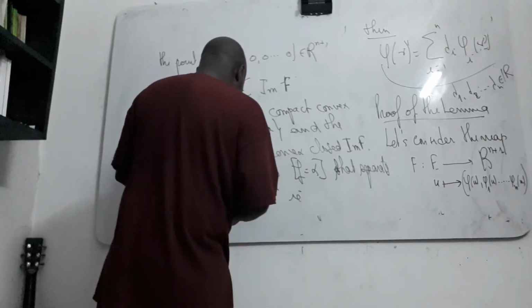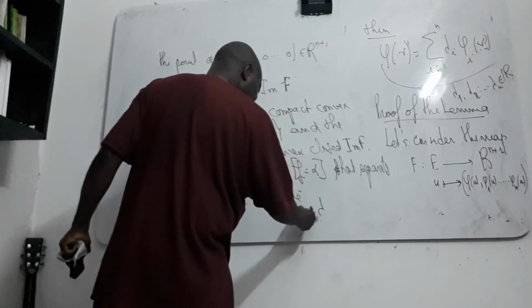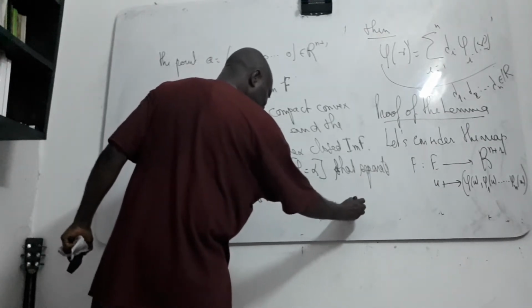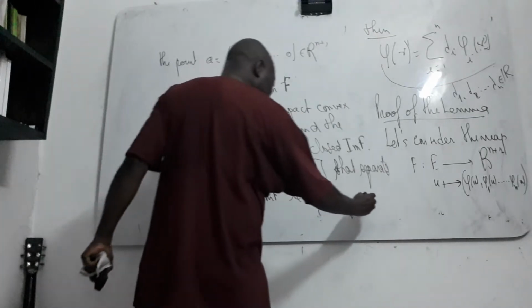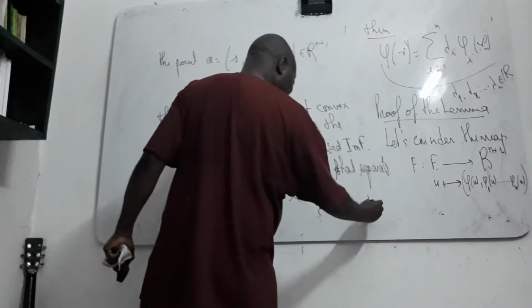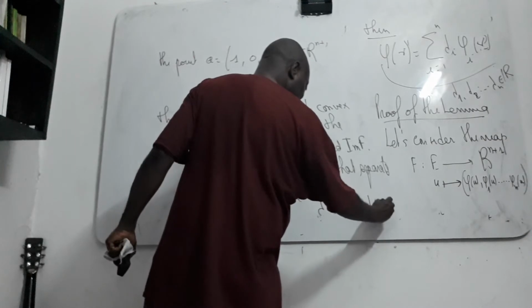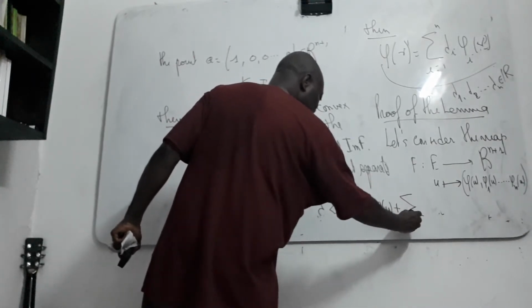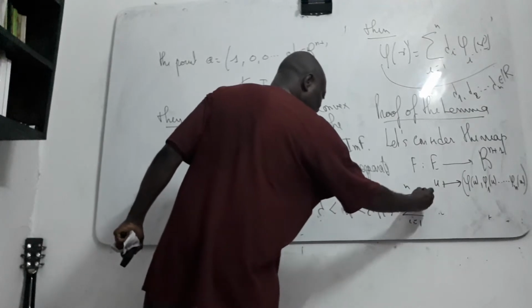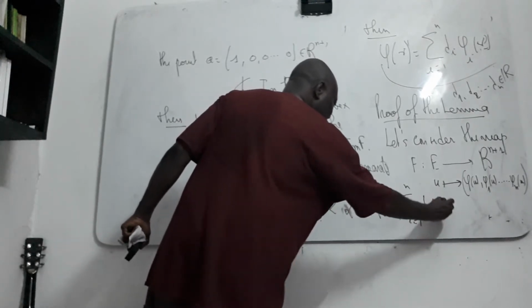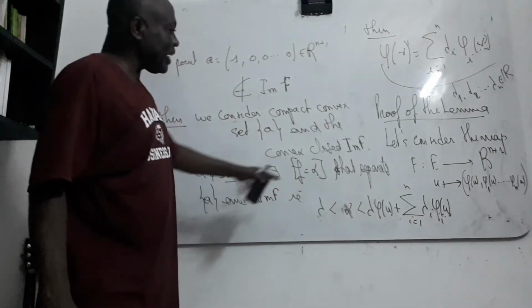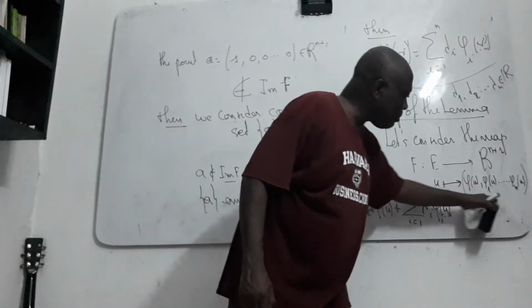So that means that lambda is less than A alpha, this one than alpha lambda phi of u plus the sum over i from 1 of lambda_i phi_i(u), because this one is generated by this kind of condition.